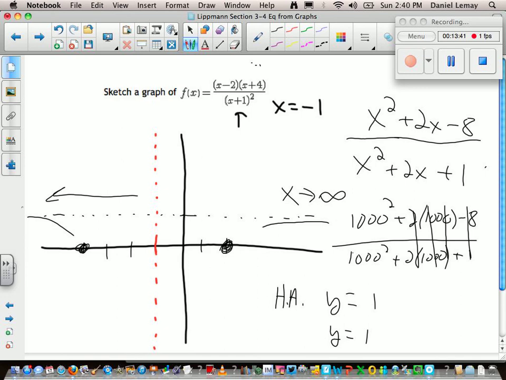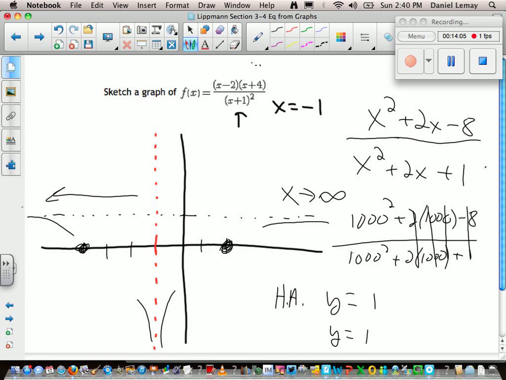And then I've got to ask myself what's happening close in. I know there's a vertical asymptote here, so it could be like this coming up from that, it could be like that coming up from the left. And then I've got to decide what's happening here. And what I can do is I can just pick some points. What if I use x equals 0 and get the y-intercept?